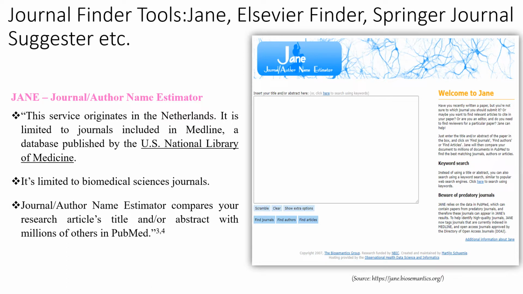It is limited to the journals included in Medline, a database published by the US National Library of Medicine. It is basically limited to biomedical science journals, and here you can compare your research article's title or abstract with millions of others in PubMed.